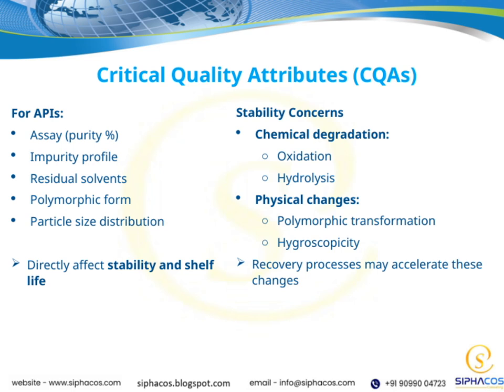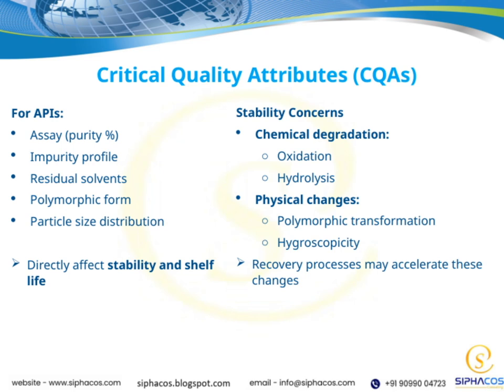Hygroscopicity is another physical change. This is when a substance absorbs moisture from the environment, which can lead to further stability issues. It's also important to note that recovery processes, like purification or reprocessing, may sometimes accelerate these changes, so we need to be cautious with handling and storage.